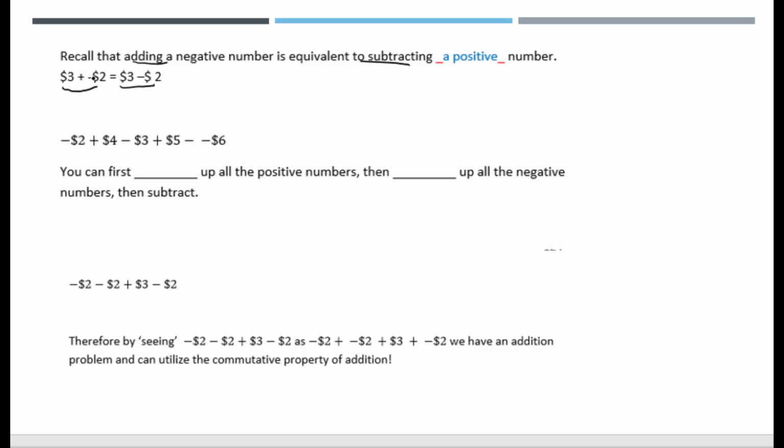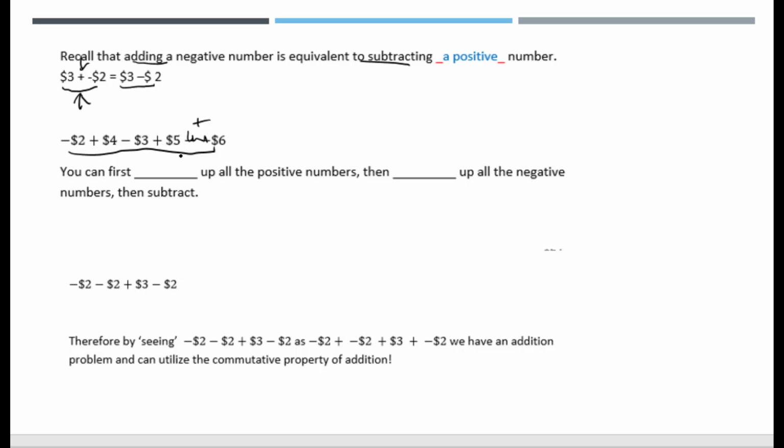Taking 3 and adding a negative 2 is the same. And there's some advantages to that. And the main one is, if you think about subtraction as addition of negatives, then you're adding and you can use the commutative property. So here I first want to change this double negative to a positive 6, right?